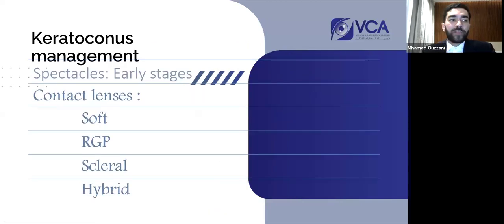For the management of keratoconus, it depends on the stages. As you know, keratoconus is a disease that we can classify into 4 stages. There are now new published classifications, but we mainly talk about 4 different stages. For the early stages, we can manage them with spectacles.